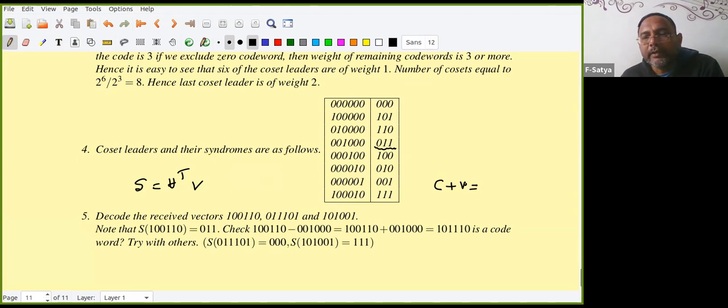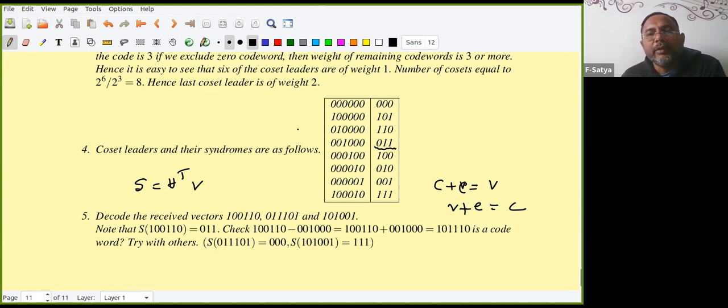This is called E. Now V minus E is equal to C, that means V plus E equals C, since plus and minus are the same. That means if I add this vector to this one, I'll get the code word. That is what I'm telling you. This is a code word. So try others also.